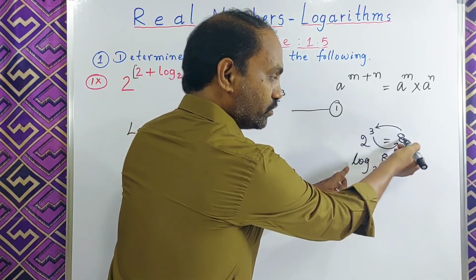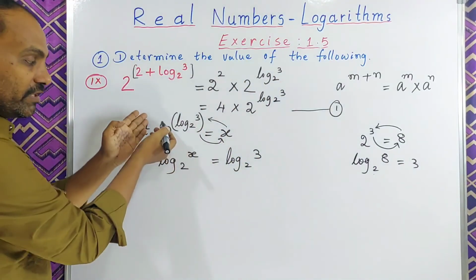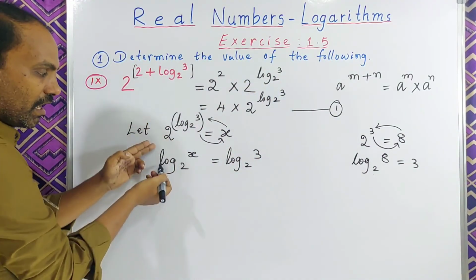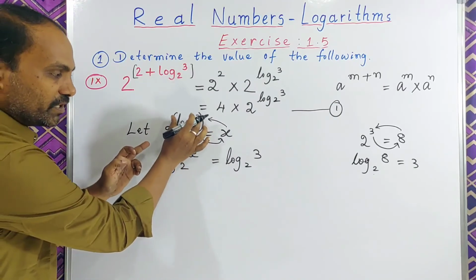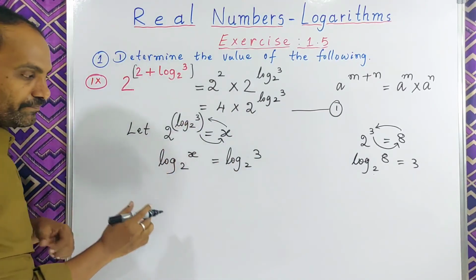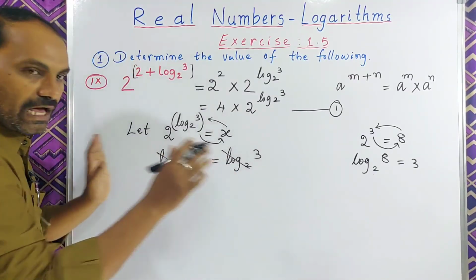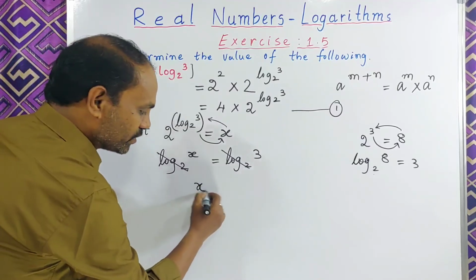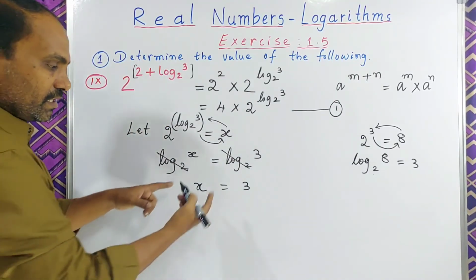So log 8 to the base 2 is equal to 3. Here also, when you apply log on this side, log x to the base 2, this exponent value equals that side. And you can cancel log on both sides, then x equals 3. Now x equals 3.